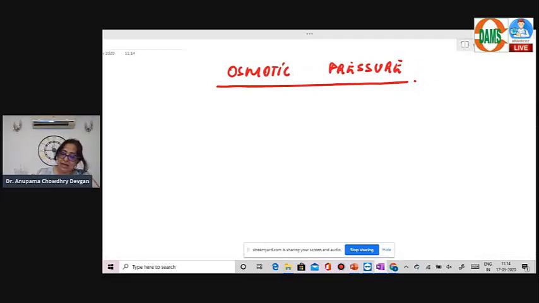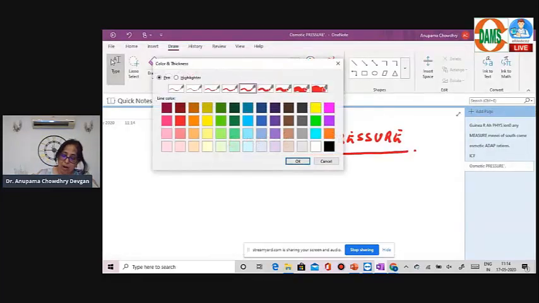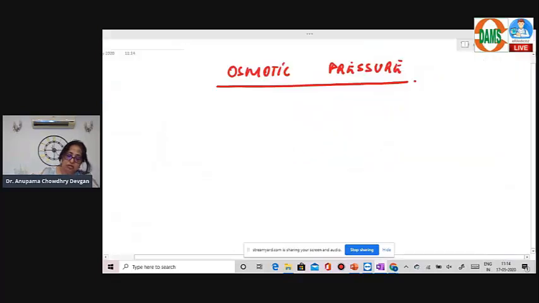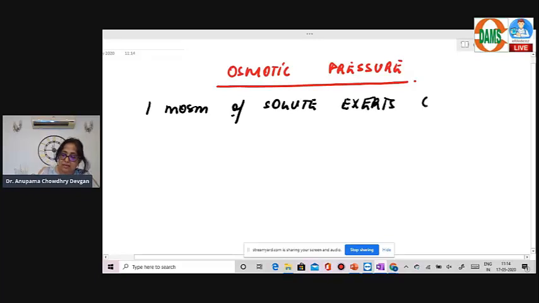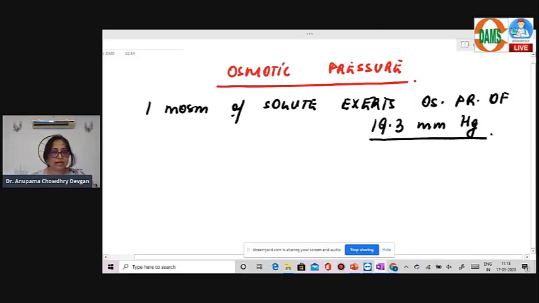1 milliosmole of a solute exerts an osmotic pressure of 19.3 millimeters of mercury.